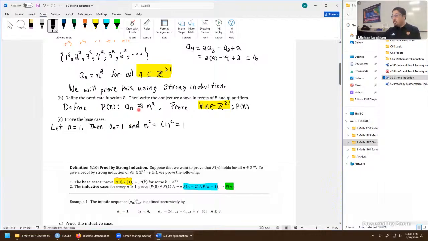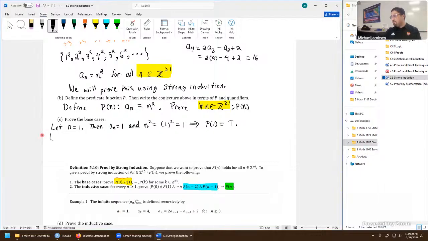It's also 1, so we've shown this equation holds, 1 on both sides. So this implies P of 1 is true. So we've got 1 base case down. But again, we need 2 base cases. If we're using 2 right here, as we will on the next step, we're going to need 2 base cases to start this out.